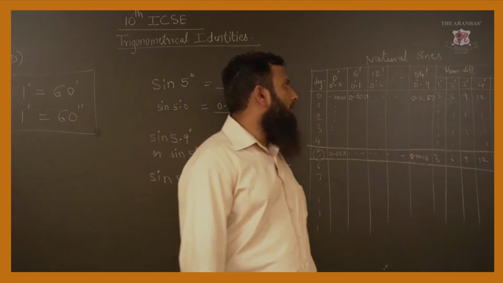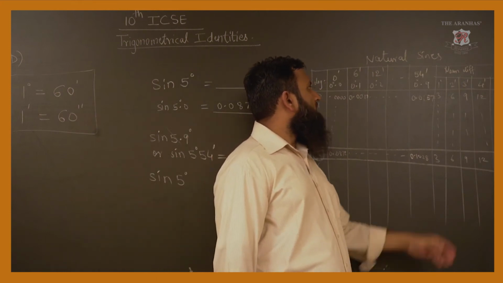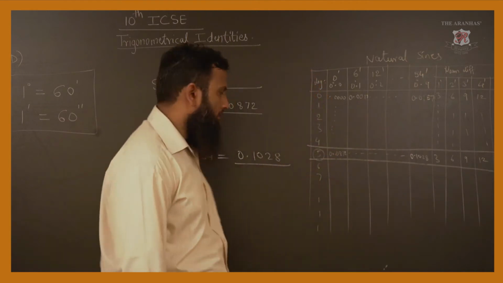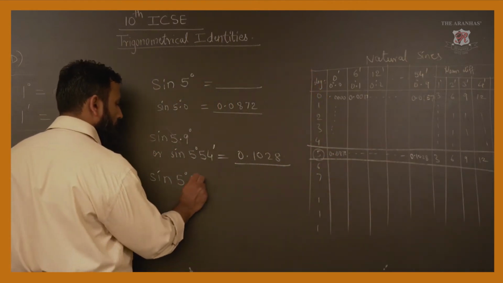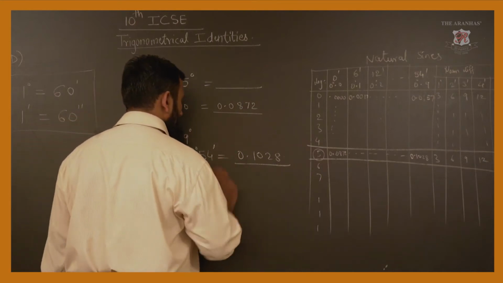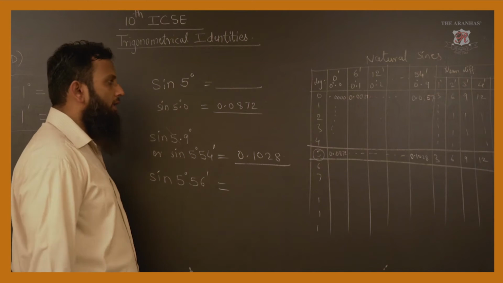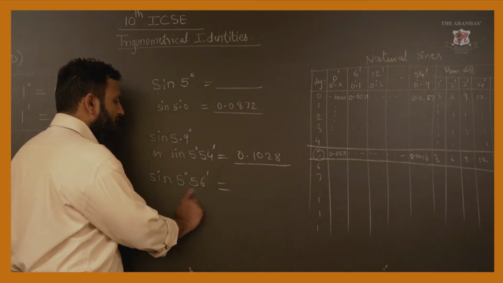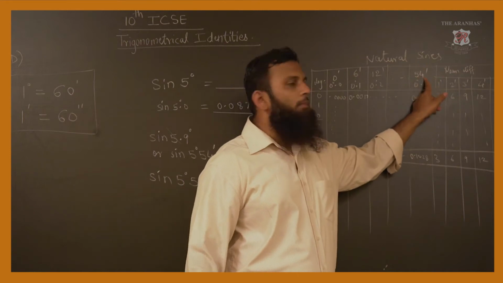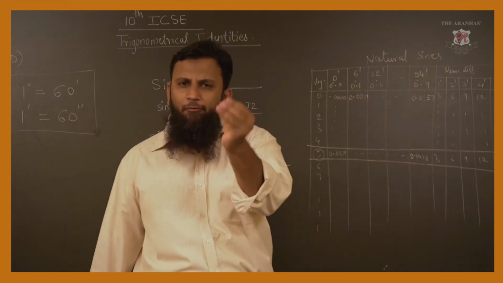For example, let us take sine 5 degree and 56 minutes. So what you have to do here is, first you have to check if 56 is available in the main table. The answer will be no, because it ends at 54 minutes.